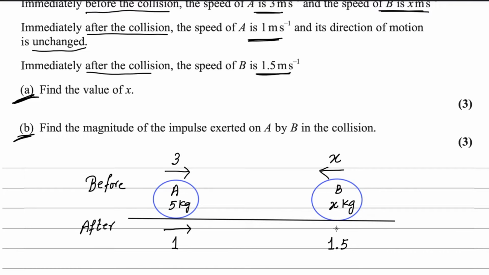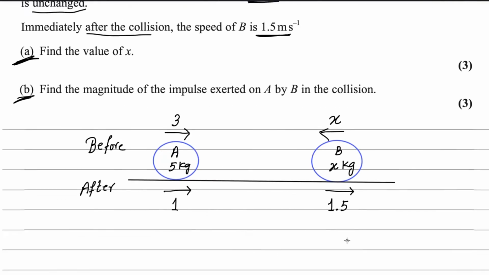If we get a positive answer, our direction is the same as our supposition. So let's suppose its direction is changed. If I get a positive answer, I will keep the same direction. If I get a negative answer, I will ignore the negative sign and just reverse the direction of particle B.